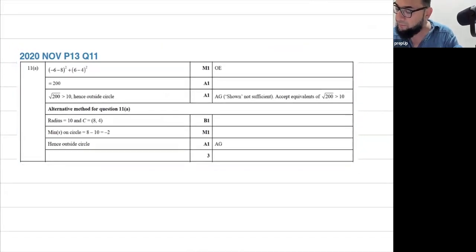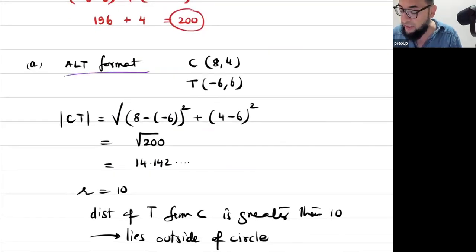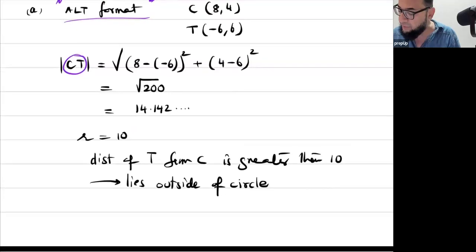Method 1: root 200 is greater than 10, hence outside. And method 2: the distance from this point to this point. It's like 2 units more, something like that. So we did this method, that is the alternative format. I calculated the distance CT, which comes out to be 10 root 2, and it's greater than the radius, therefore it's outside of the circle.